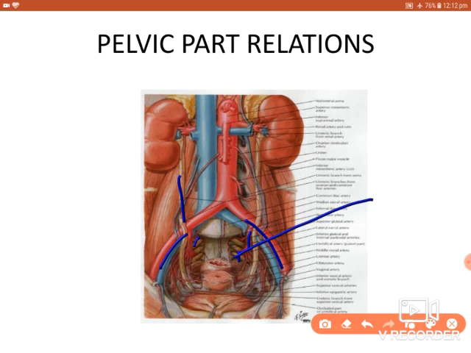These form the posterior relations of the vertical part of the pelvic ureter.